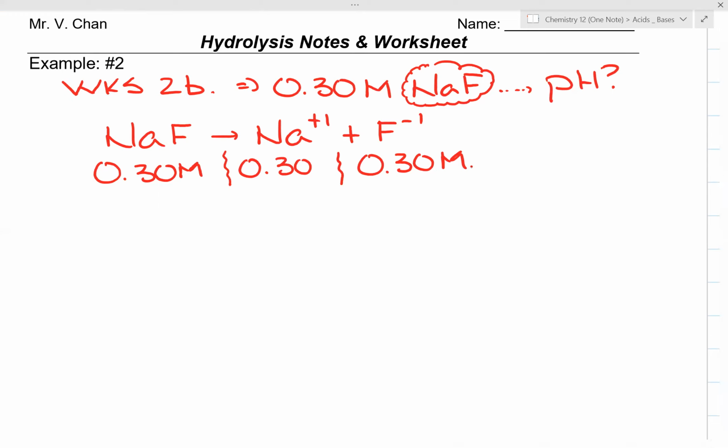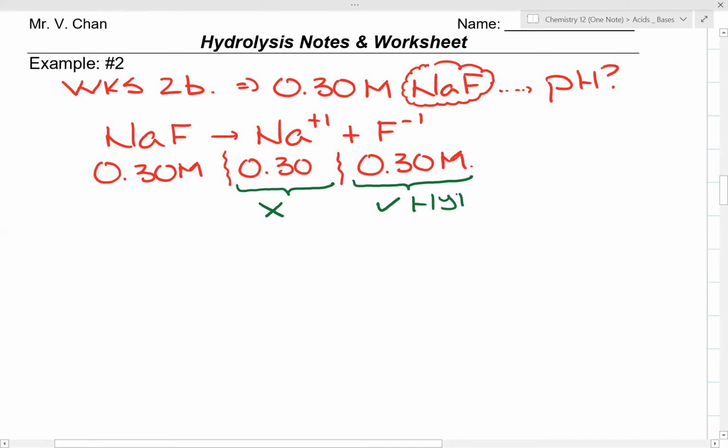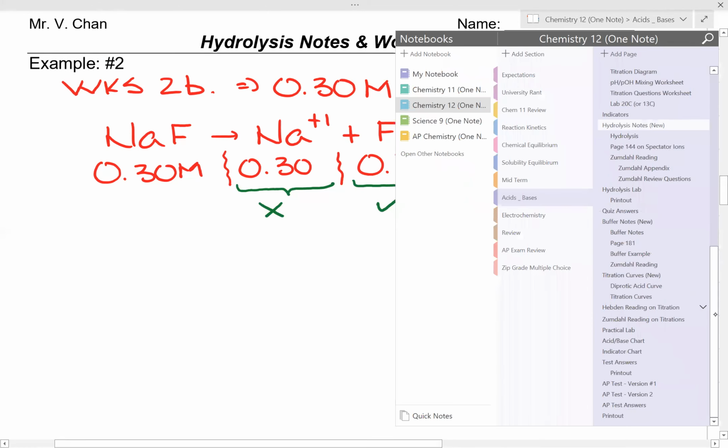Next step, again, you want to check to see if the ion will undergo hydrolysis. In this case, the sodium will not because it's a spectator. Fluoride, if you take a look, will be yes for hydrolysis. Again, you want to take a look at the location.